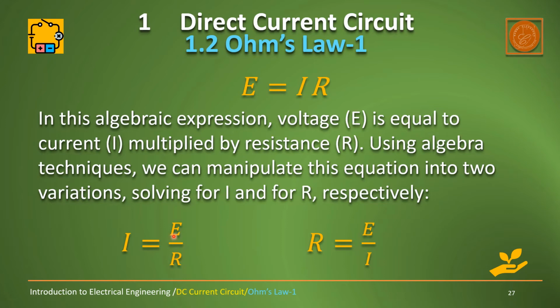If you know voltage and resistance, then you can get the current I simply as E divided by R. If you know the voltage and the current, then you can get the resistance R equal to voltage divided by current.